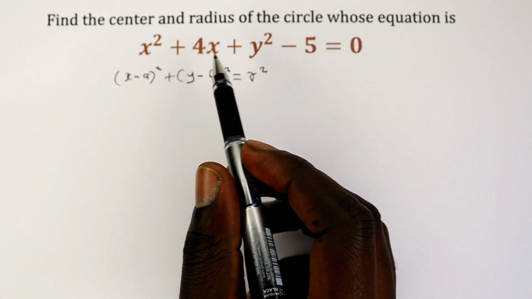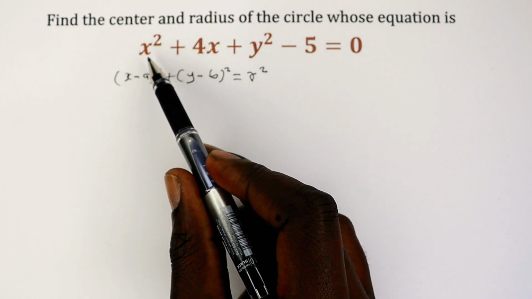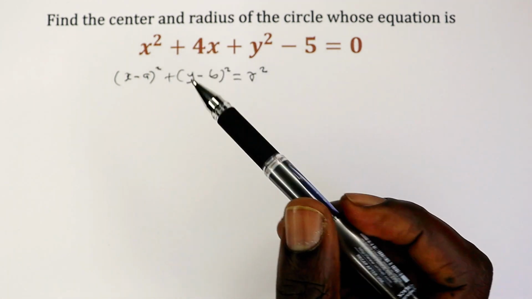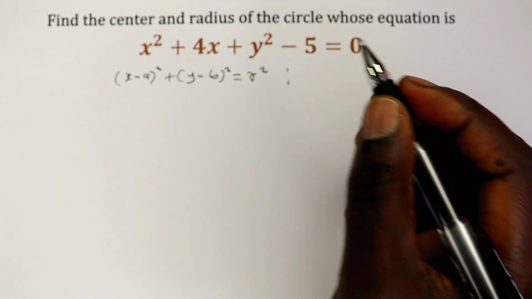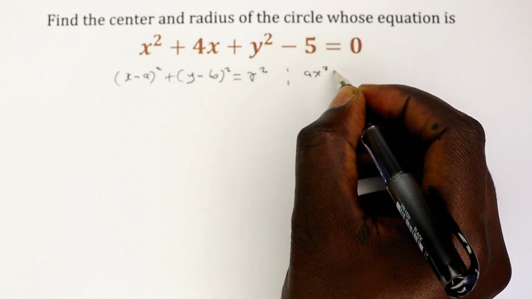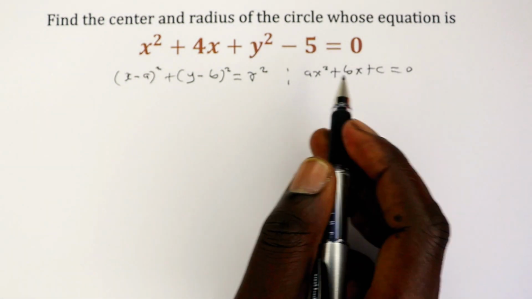For us to do that, let us rewrite this equation such that both x and y have the standard form for a normal quadratic equation, that is ax squared plus bx plus c is equal to 0. So let us do that.